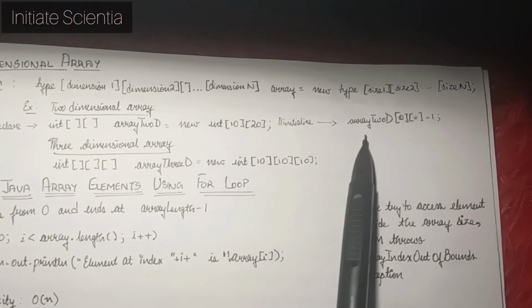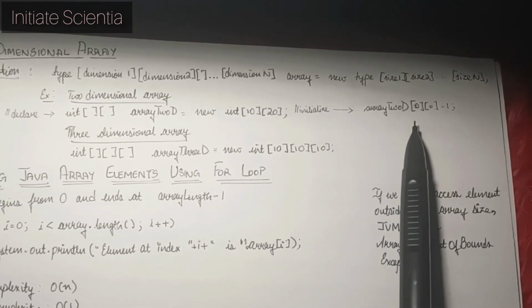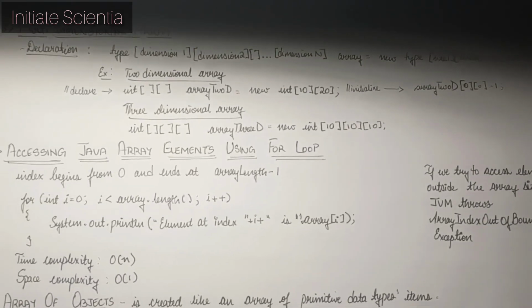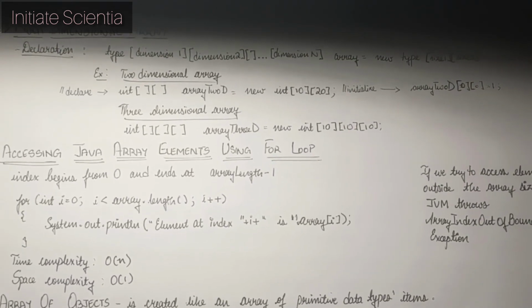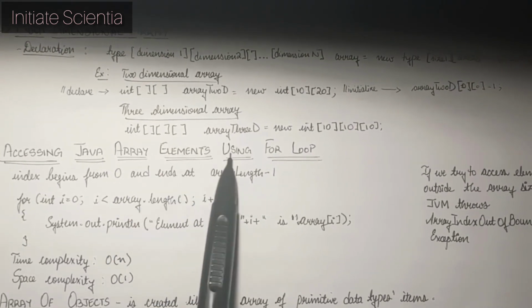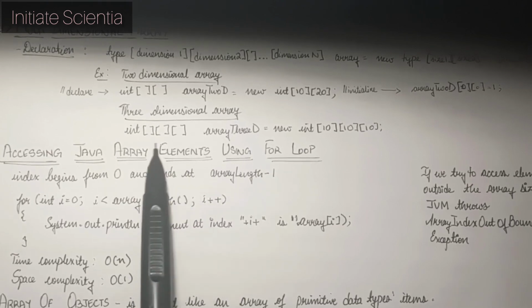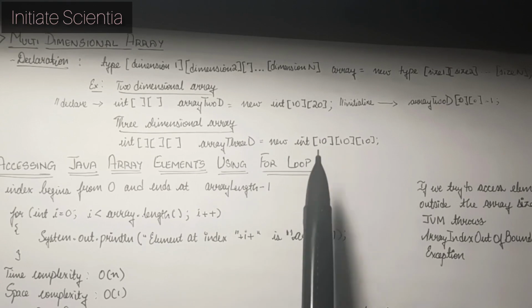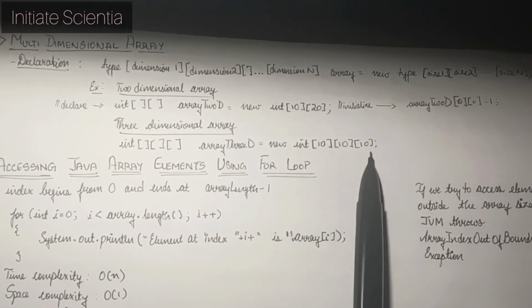And we can initialize it as array 2D[0][0] equal to 1. Next, three-dimensional array: int, you have three dimensions, right? Array 3D is new int of size 10, 10, and 10.